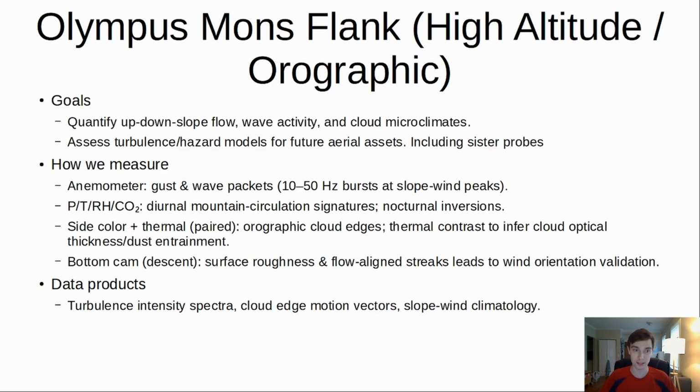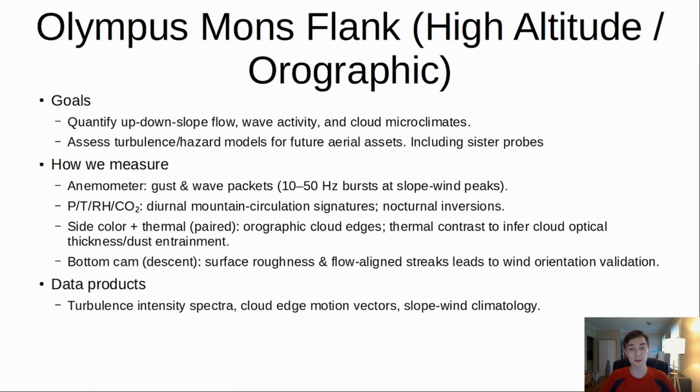And how are we measuring these? The anemometer, our meteorology suite, the side color camera feed, and a thermal sensor will be used to determine more on the cloud edges and determine cloud optical thickness, because we'll also be able to do this at night due to the increased length of our shutter time and our star determination.